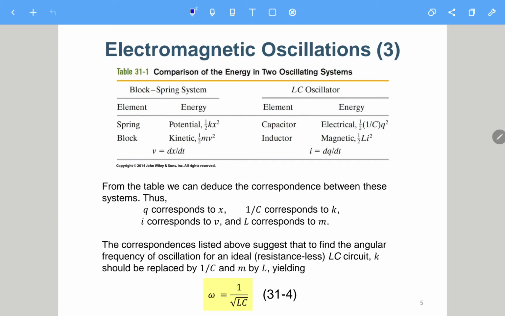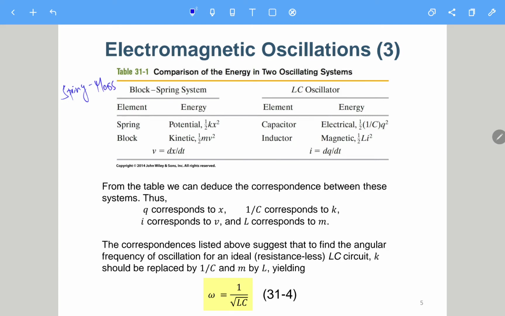Okay, so here we will try to compare this LC oscillator, or the electromagnetic oscillation, with the block spring system, or usually I will call it a spring mass system.